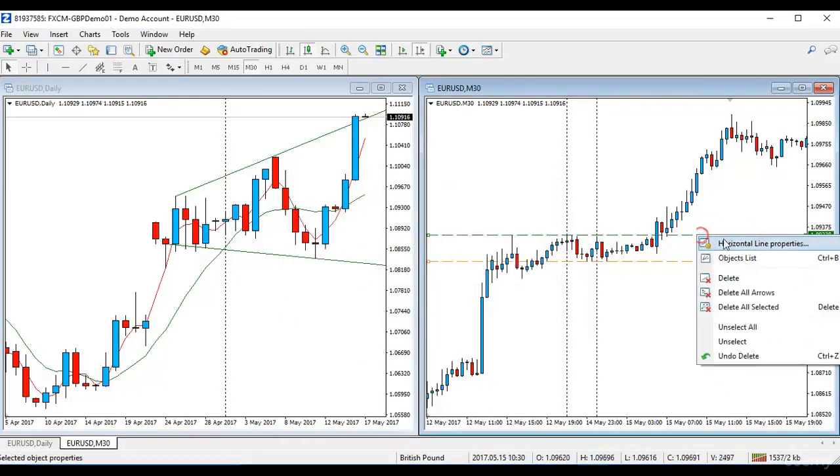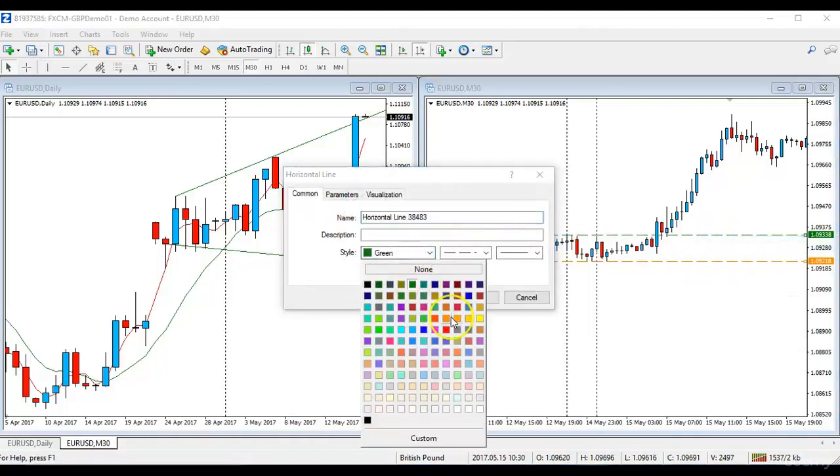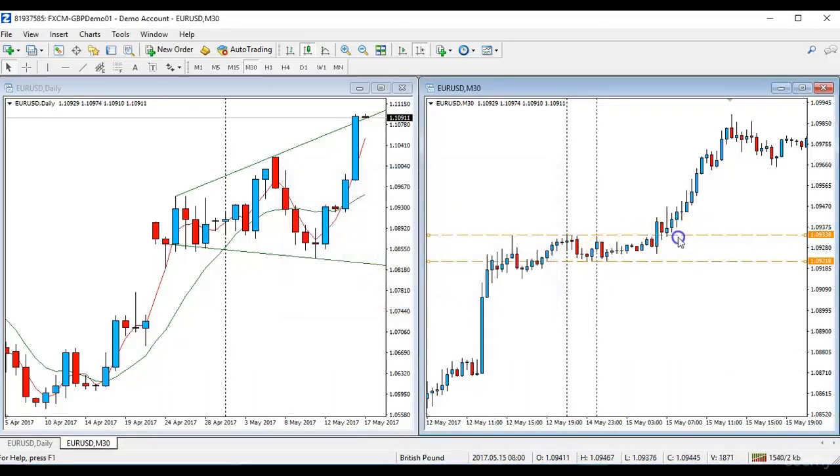And what happens here is that price has moved sideways and it's formed this sort of coiled up energy.